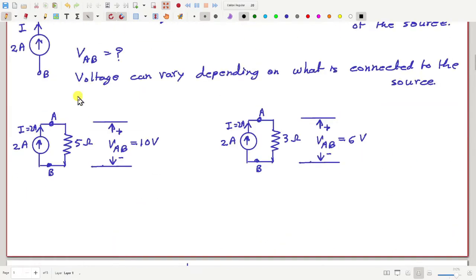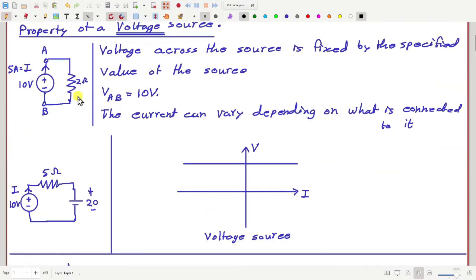Now, how much should be the internal resistance for a voltage source whose graph is perfectly horizontal? It is 0. Why is that so? Because the slope is equal to 0.